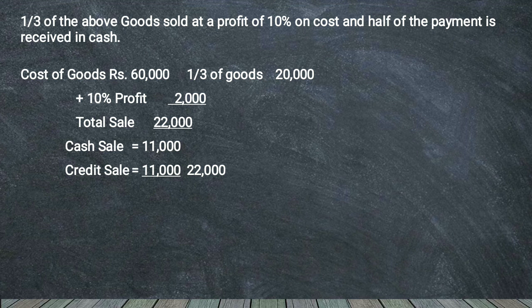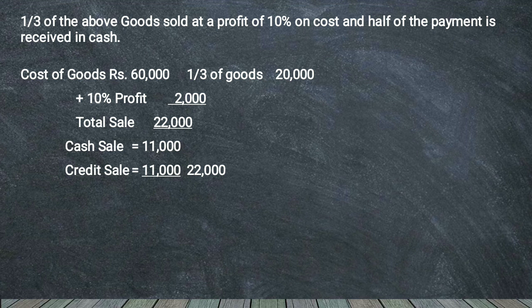In the second transaction, we have sold 1/3 of the goods above. It means whatever goods we had in the first transaction, 1/3 of those goods we have sold here. So first we have to find out the cost of goods sold. The total goods cost is given as 60,000, and we have sold just 1/3 of that, and 1/3 of 60,000 is 20,000.